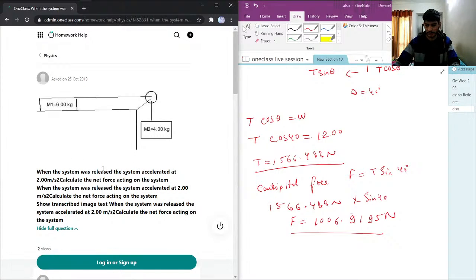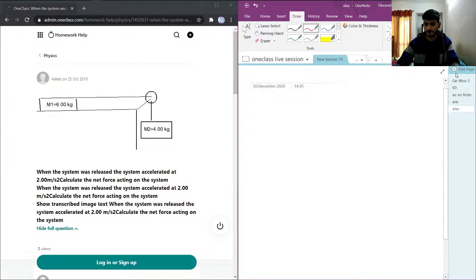So this is going to be question number 6. We have a diagram here. When the system was released, the system accelerated at 2 meters per second squared. Calculate the net force acting on the system.